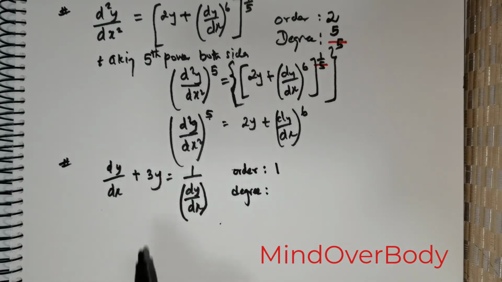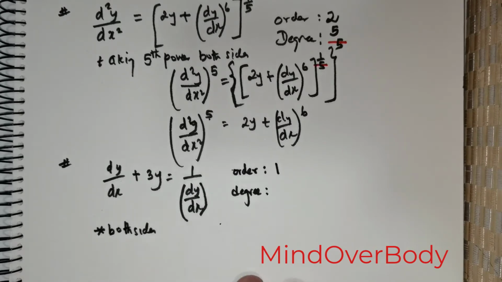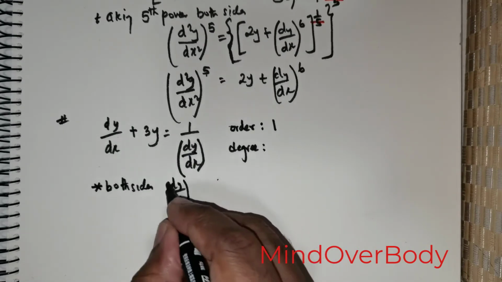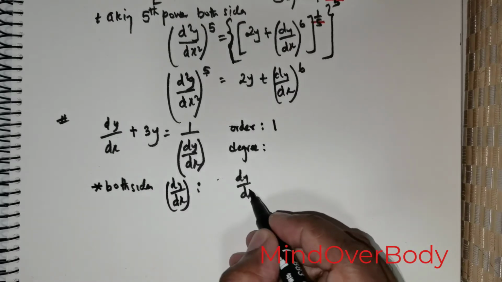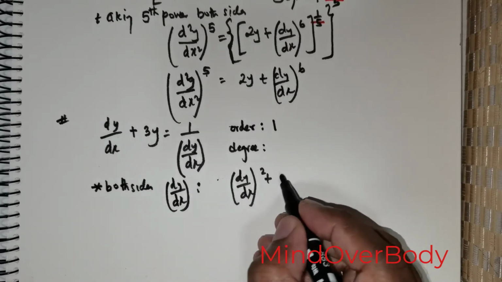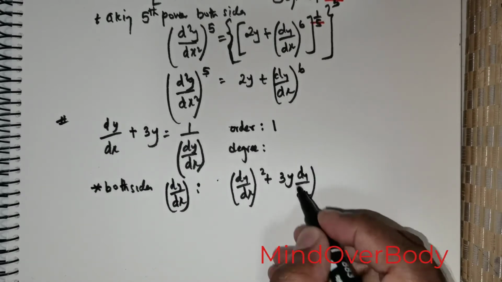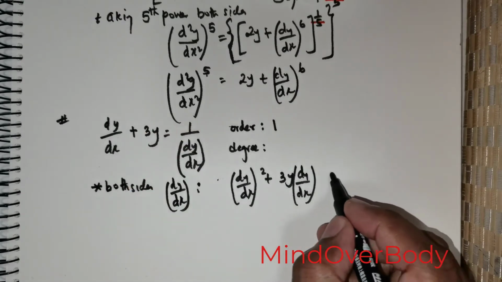To bring it into polynomial form, I would be multiplying both sides by dy over dx. So when I do that, I would get dy over dx raised to the power of 2 positive 3 times y times dy over dx, and when I multiply by dy over dx, this is going to be equal to 1.